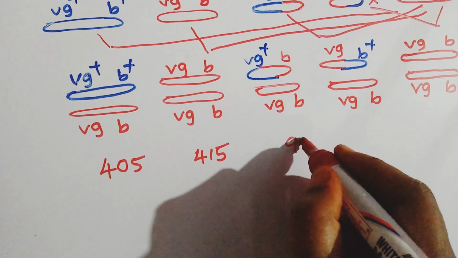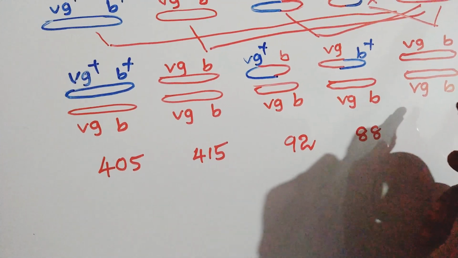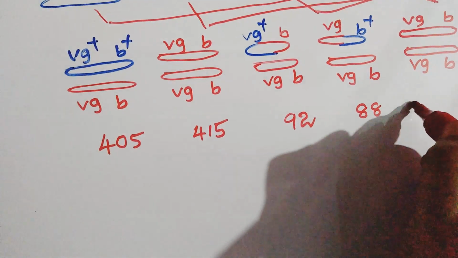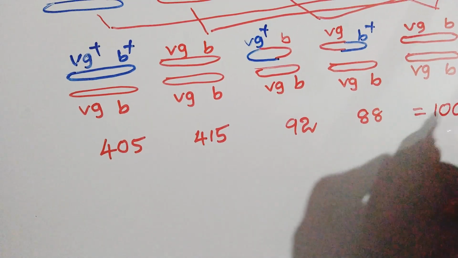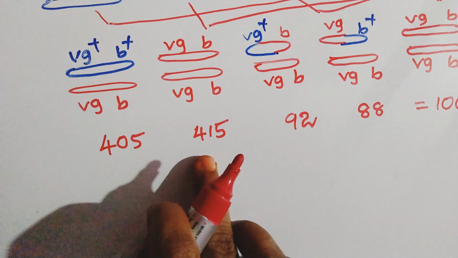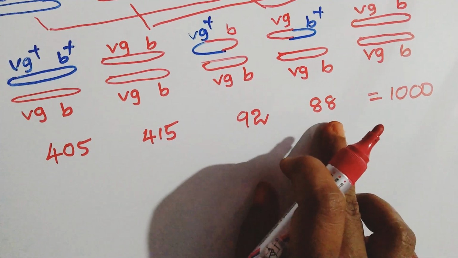These are obtained 92 and 88. Total progeny obtained are 1000. Among 1000, 405 and 415 are parental combinations, and these two are the recombinant combinations.